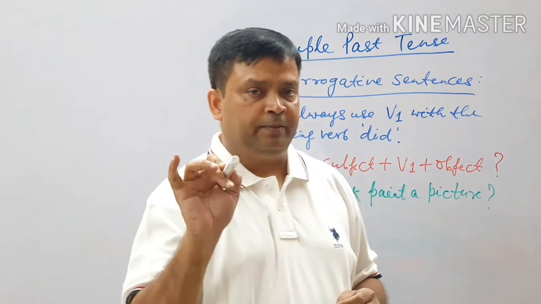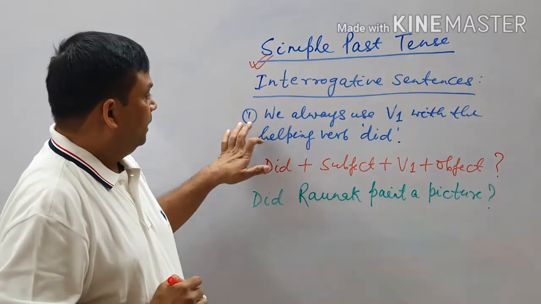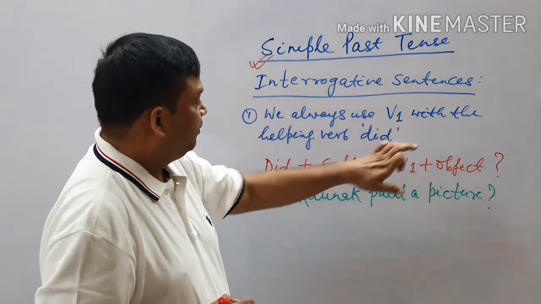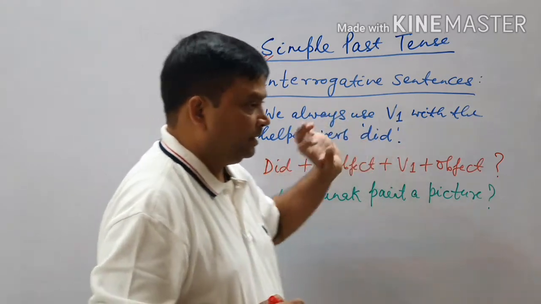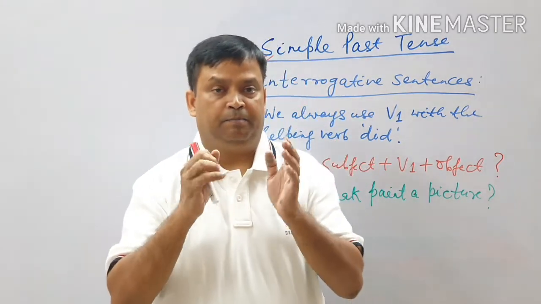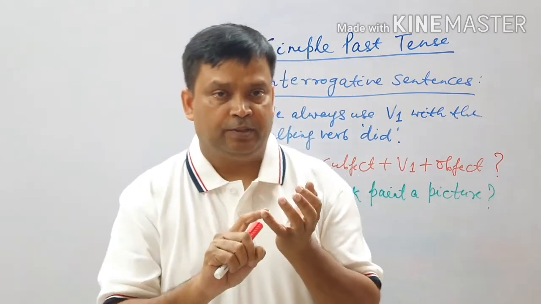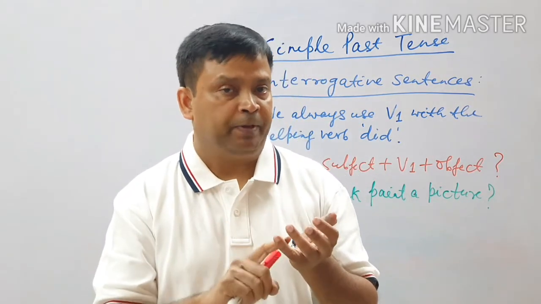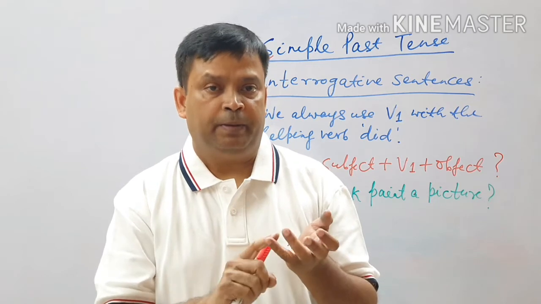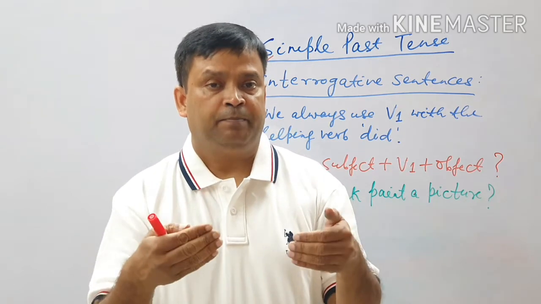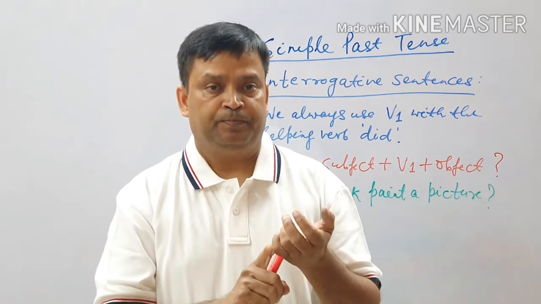Now there is one thing very important about did. We always use first form of the verb with the helping verb did. Whenever, please pay attention, whenever we use did as a helping verb, I repeat, helping verb, not a main verb, because remember, did is also the second form of the main verb too.